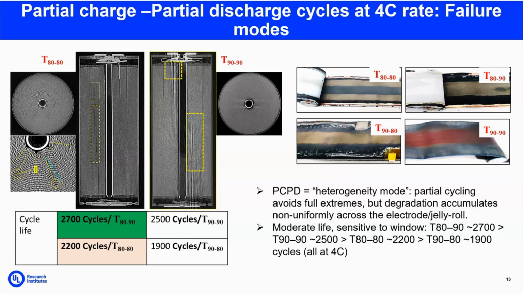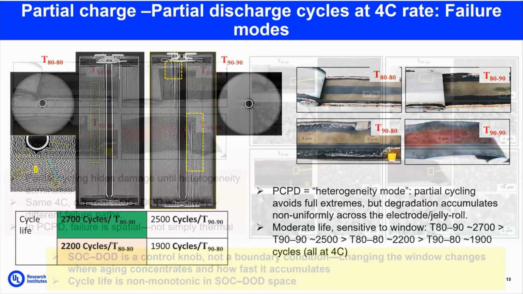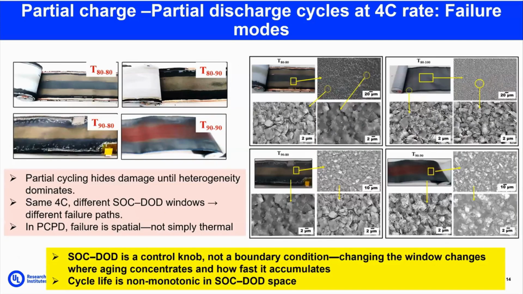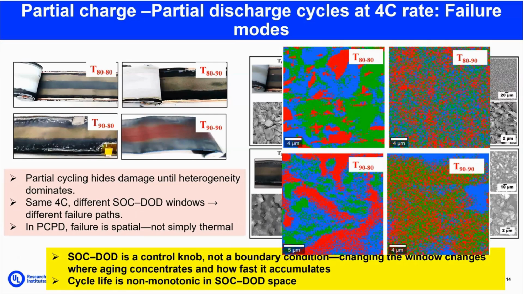So with this, I would like to say that even this belt formation is due to how the graphite was lithiated and delithiated, which is a strange mechanism.